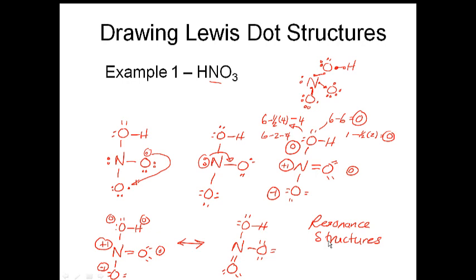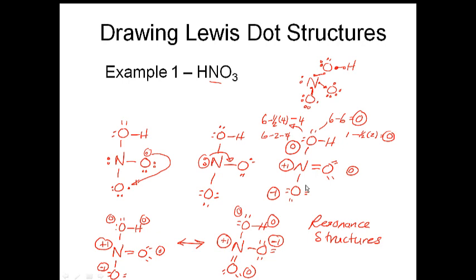Okay. So for these two resonance structures, if I go through and look at my charges, this nitrogen still only has 1, 2, 3, 4 electrons, so it still has a +1 charge. This oxygen over here now has 6 valence electrons, so I picked up 1 to become -1, and all the other atoms have their 0 formal charges.